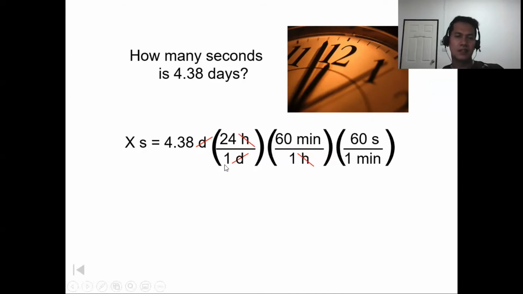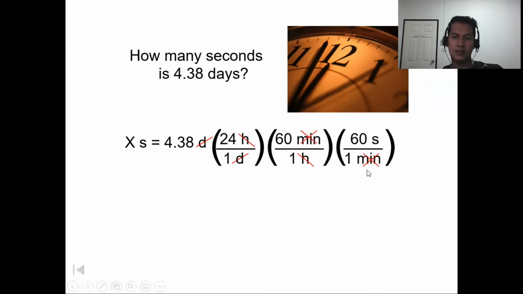All right, so you will notice here that we do it step by step. Okay, so do not be confused, guys. You have to do this step by step, otherwise you're going to get confused. Remember, this is in days, right? We already know that in one day there are 24 hours, 1 hour is 60 minutes, 1 minute is 60 seconds. And now that we have the correct unit right here, we're looking for seconds. Let's do the math.